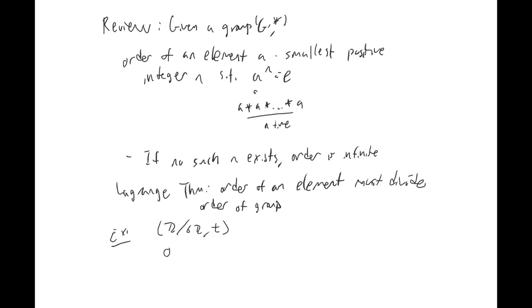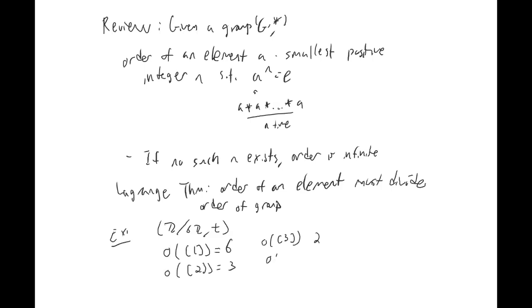Okay, so I'll just write O for order. What's the order of 1 in Z mod 6Z? It's 6, because you have to add 1 to itself 6 times to get 0. What's the order of 2? Good. Order of 3?